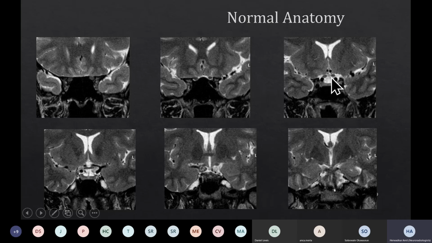The prechiasmatic optic nerves are here just in front, leading into the optic canal, which lies just medial to the anterior clinoid process. The anterior clinoid process is just a prolongation of the lesser wing of the sphenoid as it comes towards the sphenoid body itself. So the anterior clinoid process and the prechiasmatic optic nerves extend into the optic canals over there.